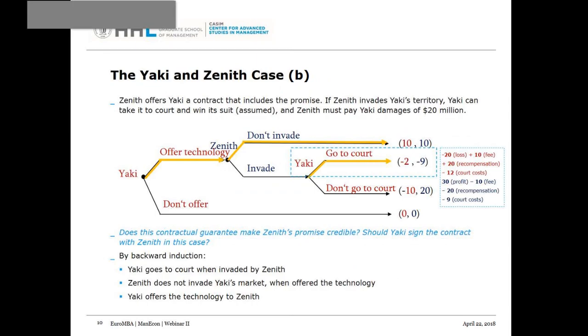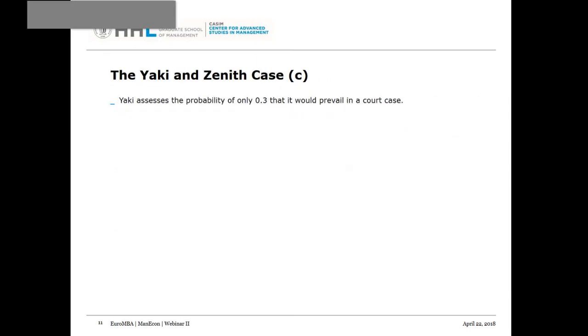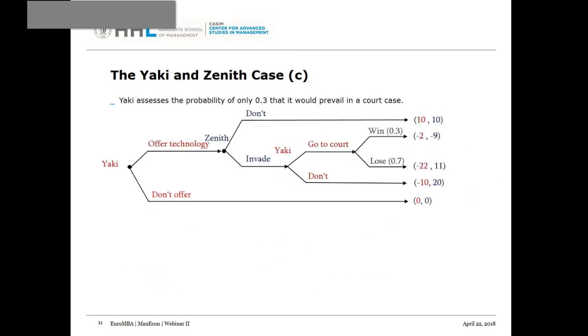Also here we have to be a bit skeptical, because we know from a practical perspective that going to court does not always mean that you win the case. So this is also what Yaki is expecting, that there is a certain probability of winning the case, let's say 30%, and if it loses, then of course all the costs have to be paid by each of the players.